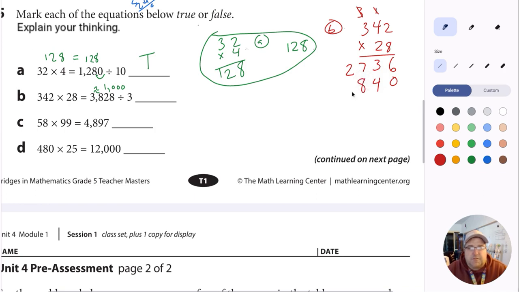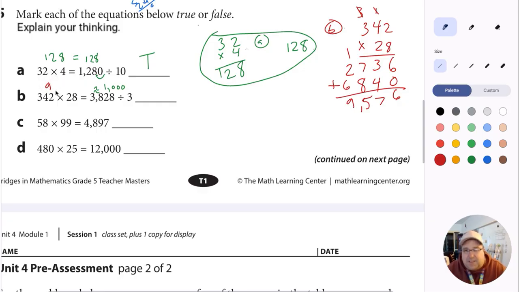And 2 times 3 is 6. So we got our partial products. So we get a 6. 3 plus 4 is 7. 14, 15. 8, 9. 9,576 is nowhere near a little more than 1,000, right?